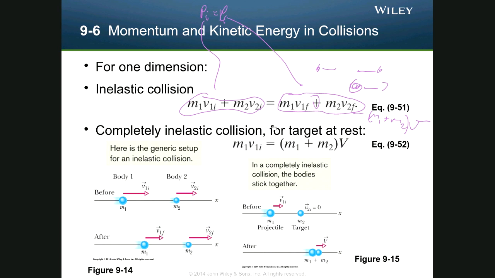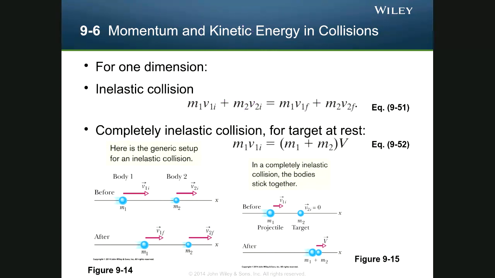But if the object's at rest, if object 2 is at rest, then this part goes to 0, and you only have this simplification here.